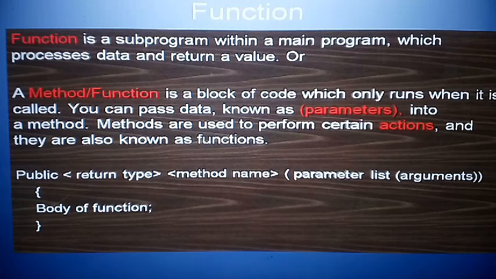It means with the help of parameters you pass data into a method, and methods are used to perform certain actions. So the method and function are always used for processing the data. This is the syntax: public, return type. Any return type you can write, like integer, and method name and parameter list here, and this is the body of the function.